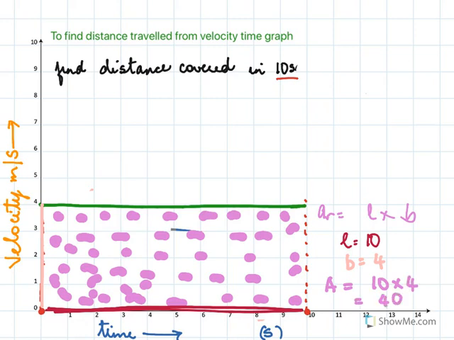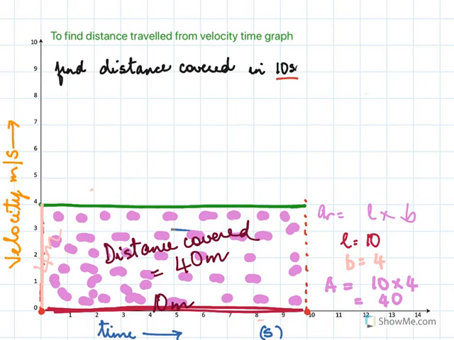So distance covered in this case is equal to 40 meter. I repeat again, the length is 10 meter, and the breadth in this case is 4 meter. So I multiplied length into breadth to give you my area, which gives the distance covered.